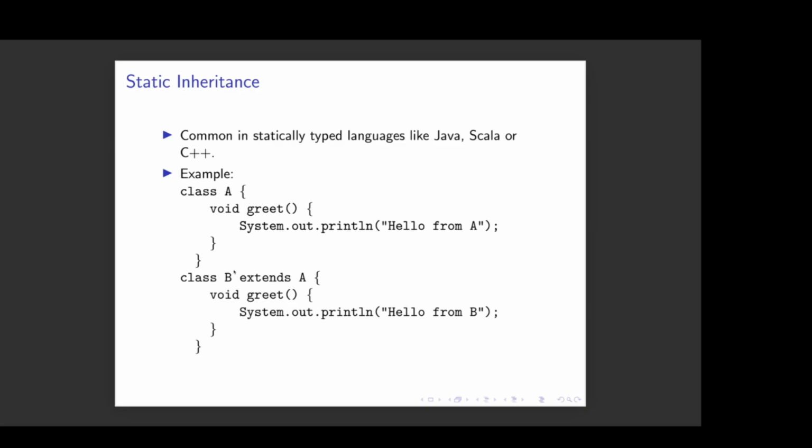Here we can see the inheritance. We can see this keyword extends, and we say that B inherits from A. So it's going to inherit all the method implementations from A. Of course, in this case, we are overriding greet. So basically, we inherit, but we immediately override. So there are no other methods that we inherit.